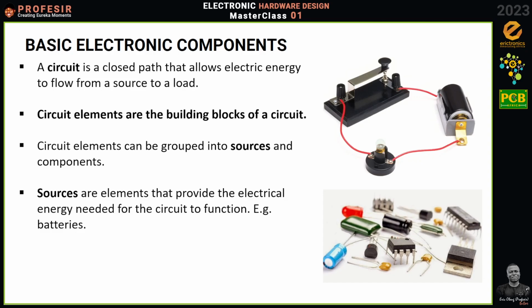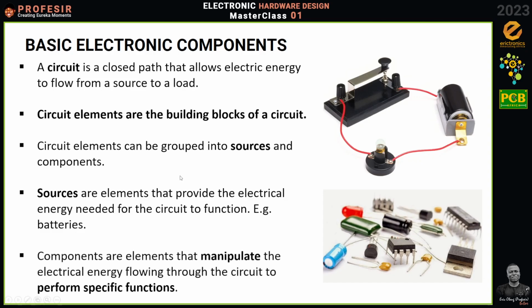Sources are all the elements that have the ability to produce electric energy, all the circuit elements that are capable of providing the circuit with energy. A typical example would be batteries.